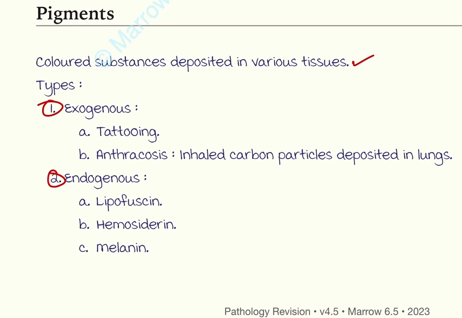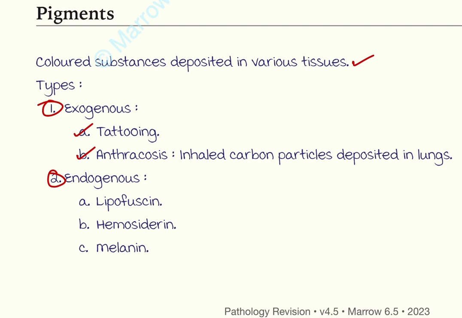Exogenous means the source of these pigments is from outside, like by means of tattooing, okay, or by means of inhalation in occupational lung diseases, where carbon particles are getting deposited in the lung parenchyma, okay, from outside.